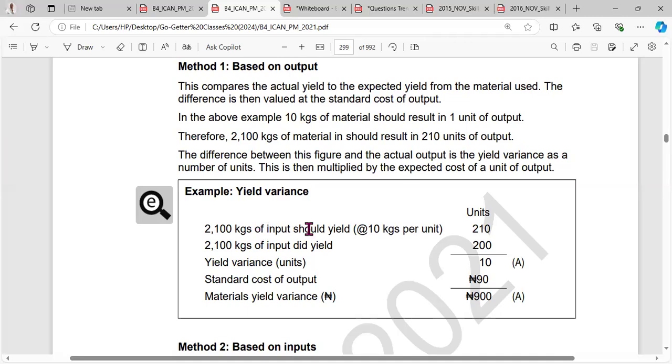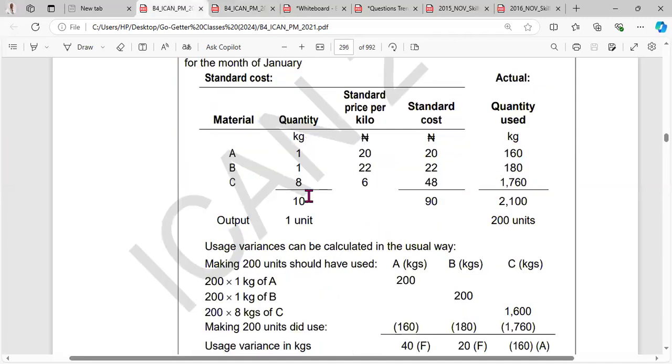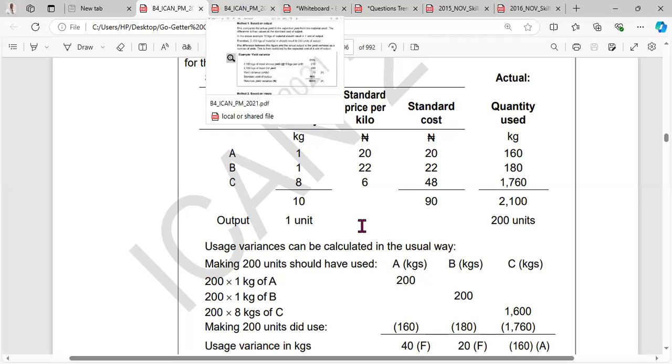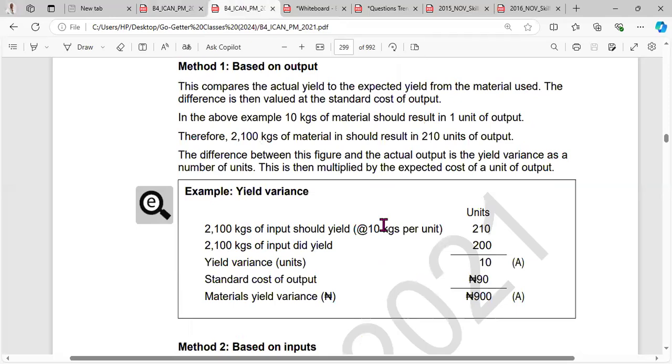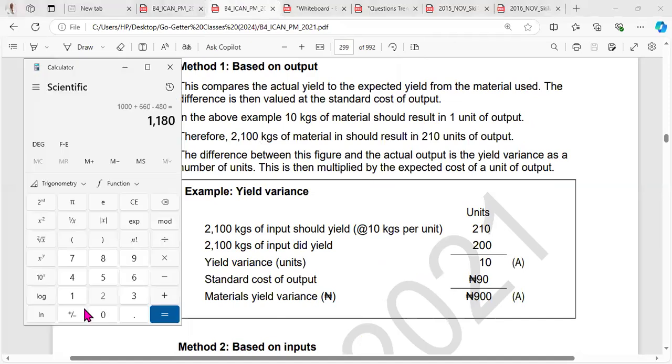2,100 kilogram of input, which is 10 kilogram per unit. If you look at it, this is 10 kilogram for 1 unit. So if you are doing 2,100 units, taking 10 kilogram per unit, it means that 2,100 kilogram is available for you.